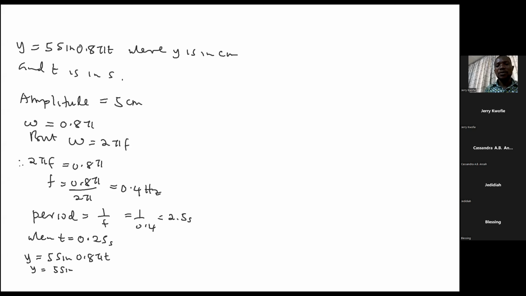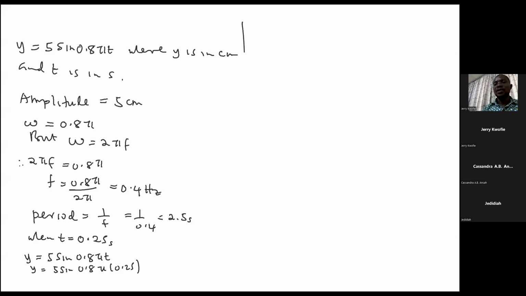Okay, 0.8 pi by 0.25. All right, we need to evaluate, take our time and evaluate that expression. Let's do that one here. What do you get? So we have 5 sine... 5 sine, sine what? 0.2 pi.